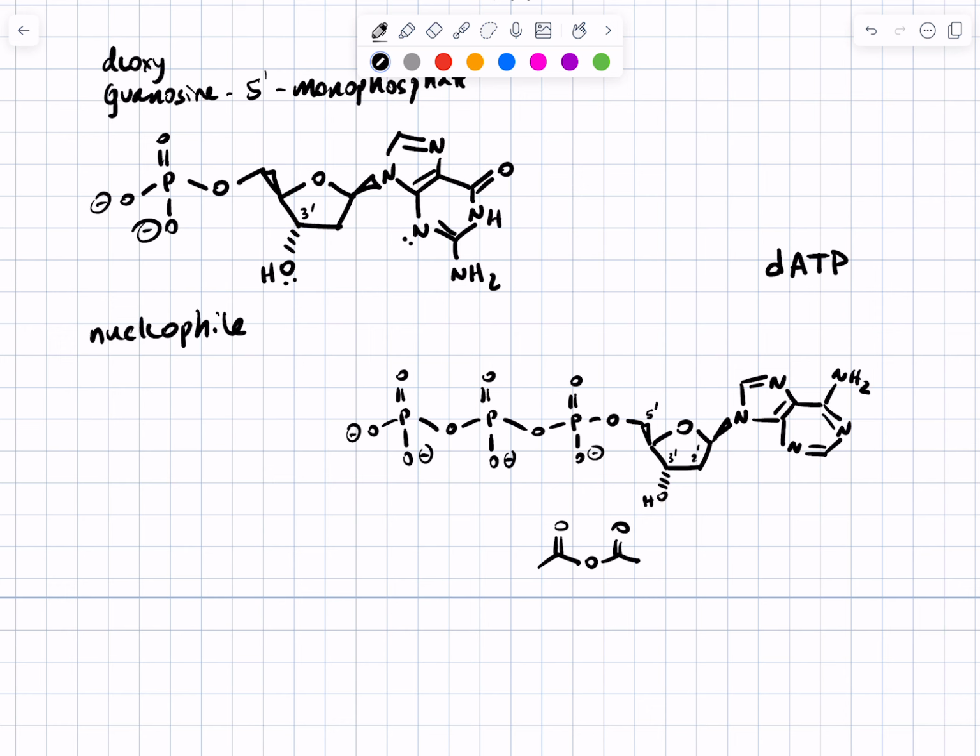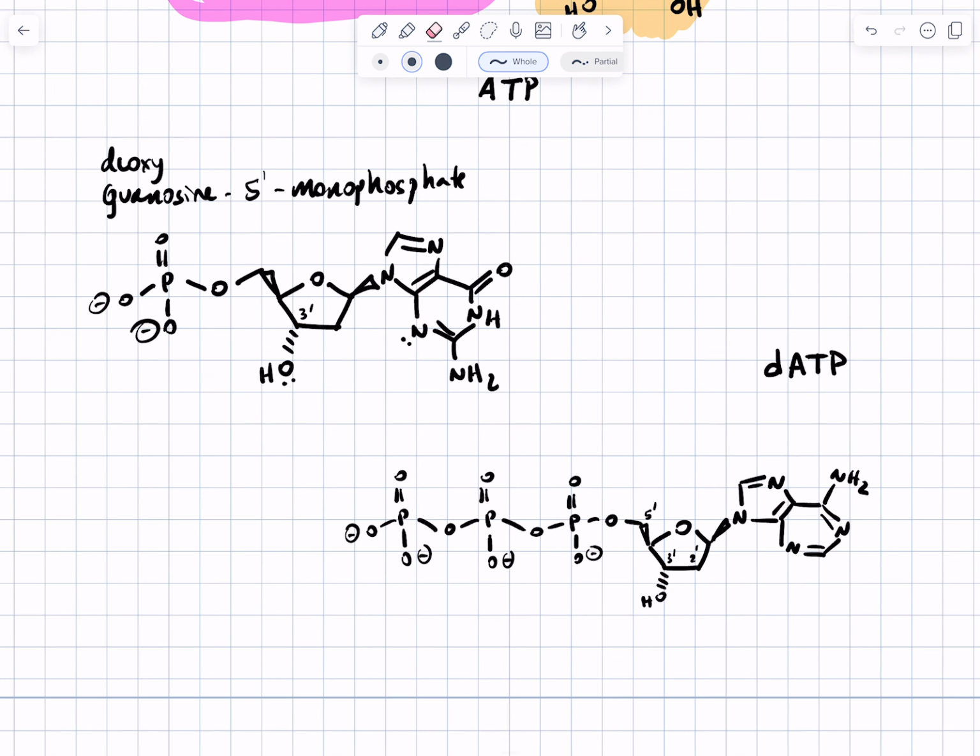So, an enzyme is going to first deprotonate the 3' hydroxyl group on deoxyguanosine 5' monophosphate, or dGMP. Now, I don't know about you, but I am not excited about drawing that proton transfer step and redrawing everything.